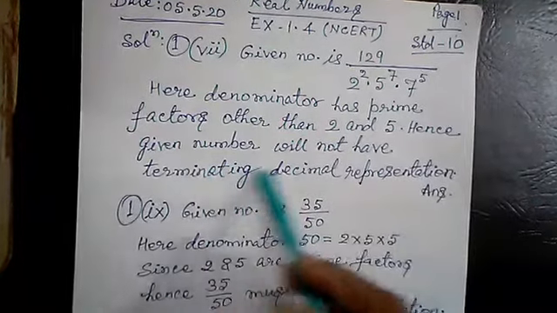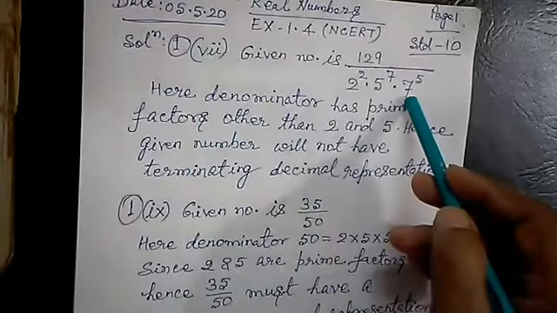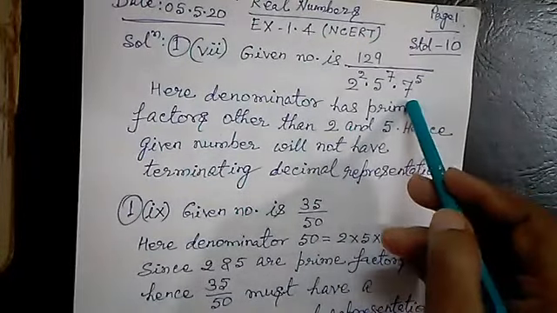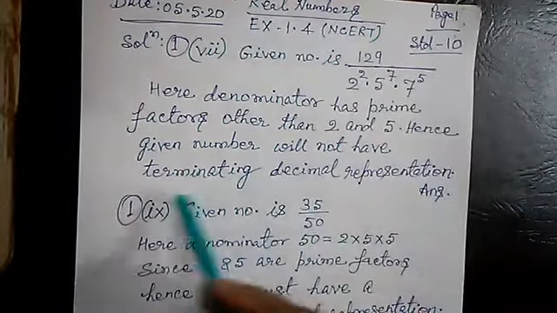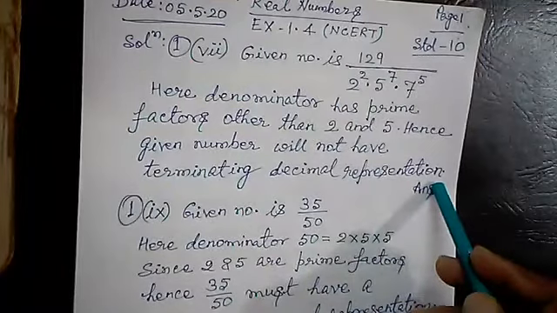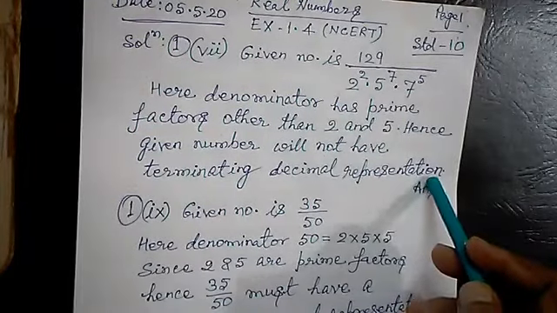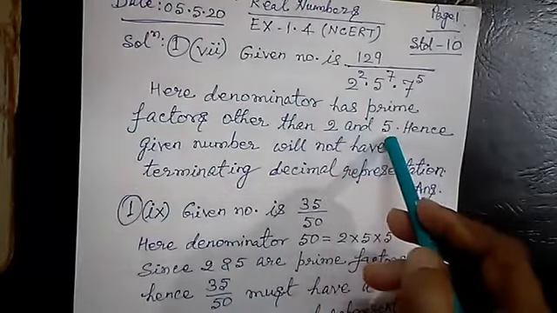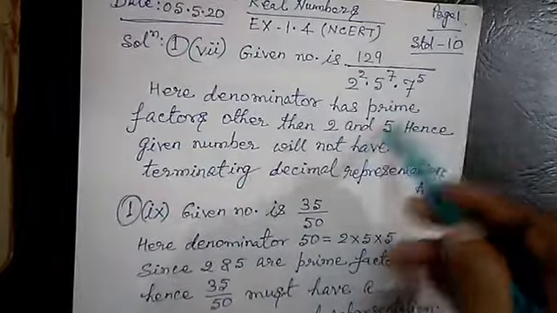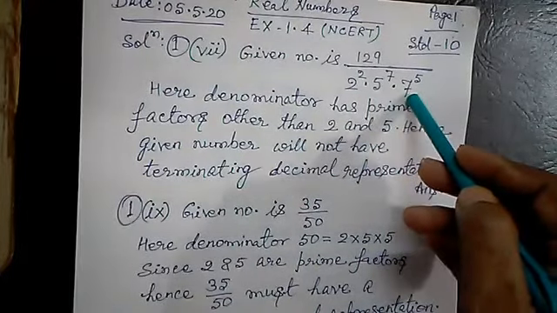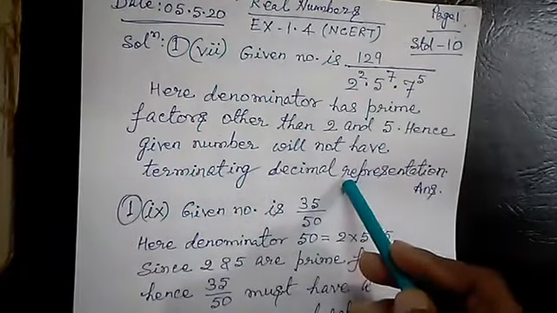So the given number will not have a terminating decimal, because 7 is a third prime present there. For a terminating decimal representation, you know that only 2 and 5 must be there, but apart from 2 and 5, the third one, 7, is also here. That's why it is not a terminating decimal representation.